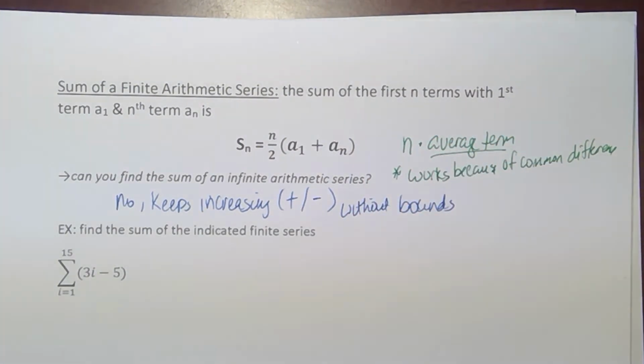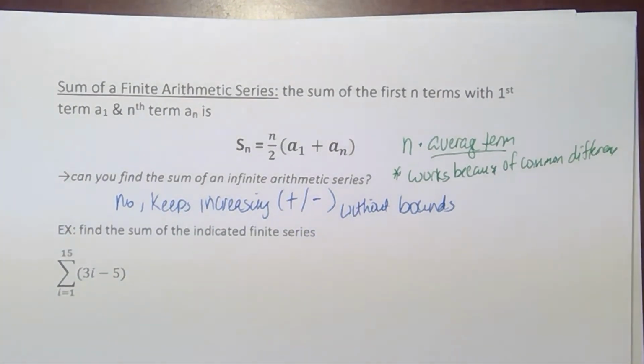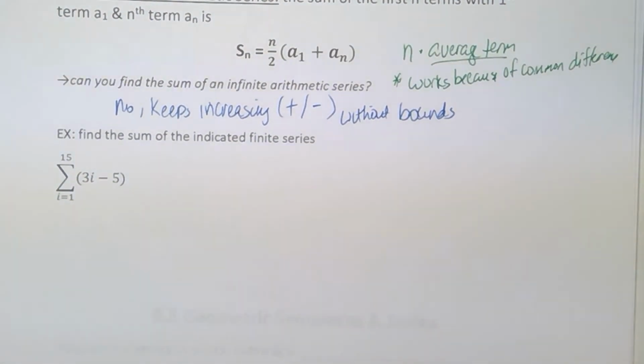It doesn't have any boundaries. An infinite arithmetic series is going to have a sum that just keeps getting bigger and bigger, either in the positive or negative direction. It's never going to stop getting bigger, so I cannot find the sum of an infinite number of terms. I can, however, find the sum of a finite number of terms in an arithmetic series.